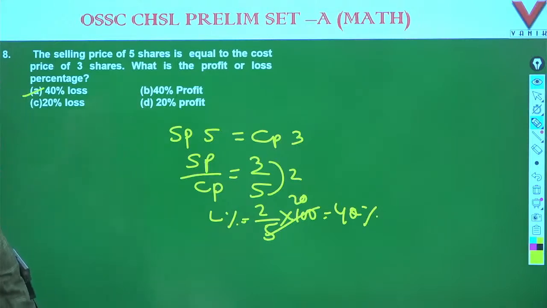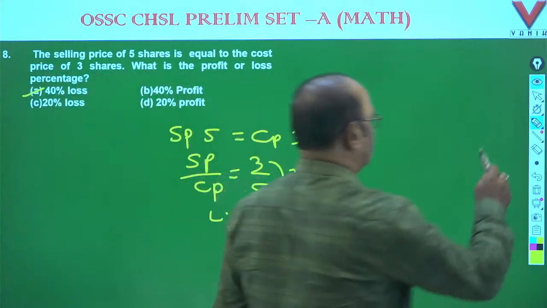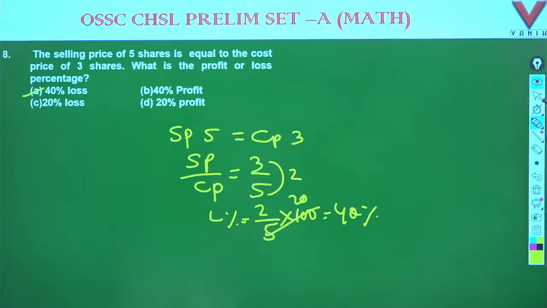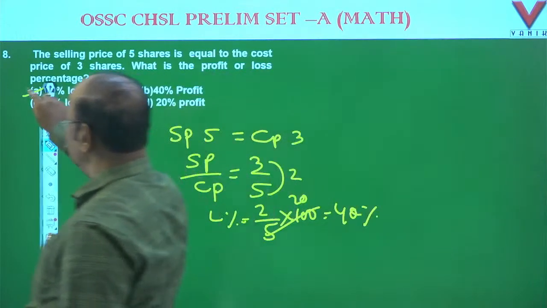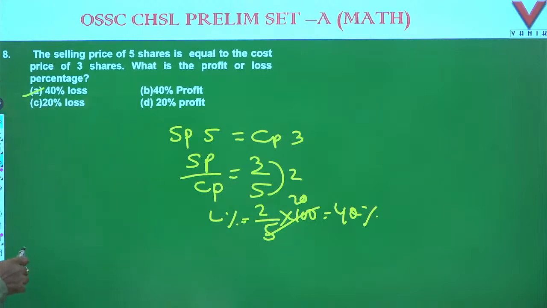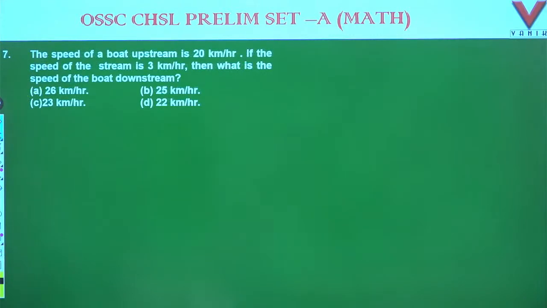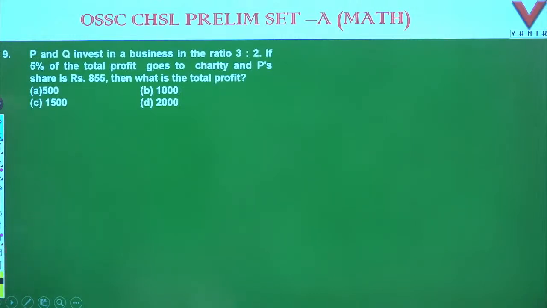Next question, number 9. P and Q invest in a business in the ratio 3:2.